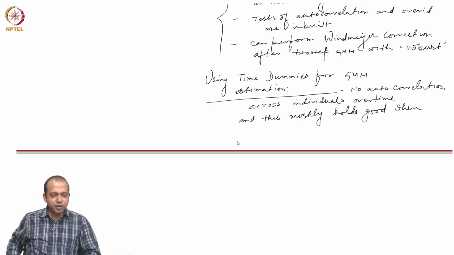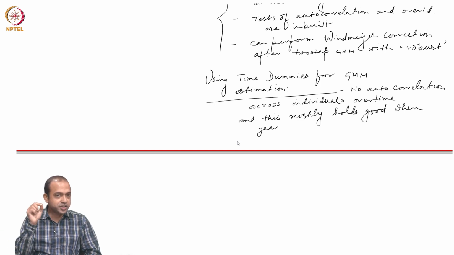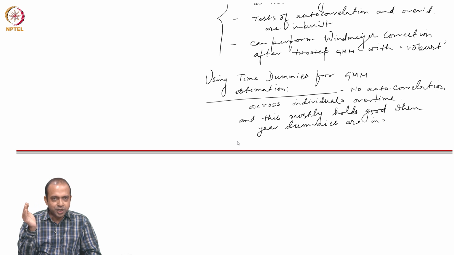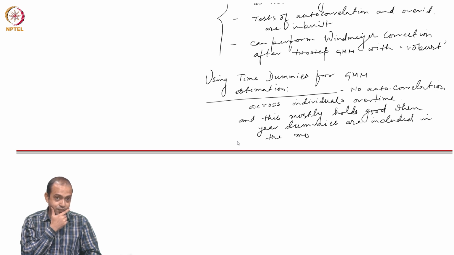Now, what is happening here? If you recall, we have discussed how to purge fixed effects in the model. The individual effect was creating problems. What we did was create individual-specific dummies in the model and said we can actually estimate LSDV, wherein we are assuming that all the individuals have a different intercept.